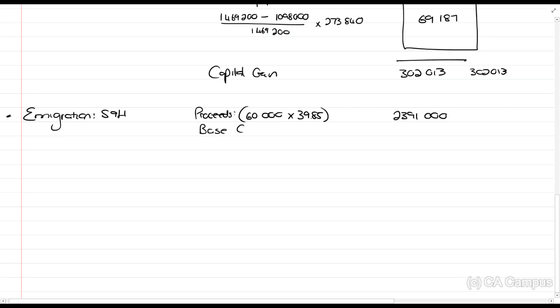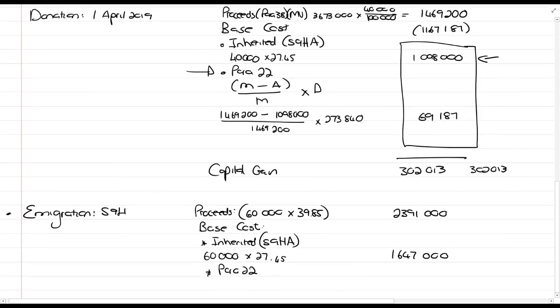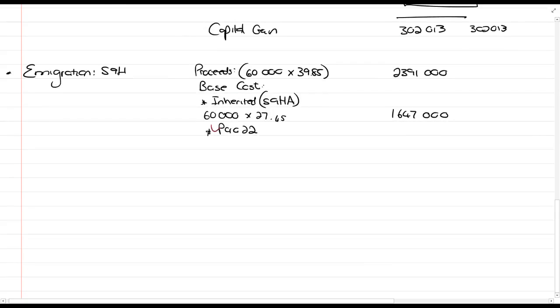Our base cost is, again, remember she inherited it. So in terms of section 9HA, these are now the base cost of 60,000 shares, and she inherited it for R27.45. So 1647. I'm just showing you now, guys, paragraph 22. Remember, there was paragraph 22 over there. Paragraph 22 is not applicable here.